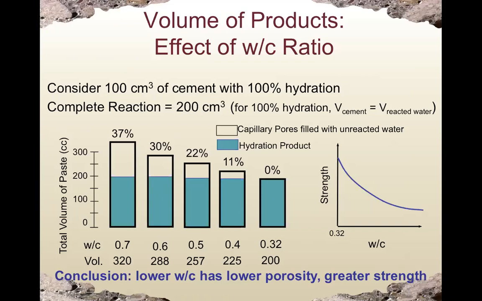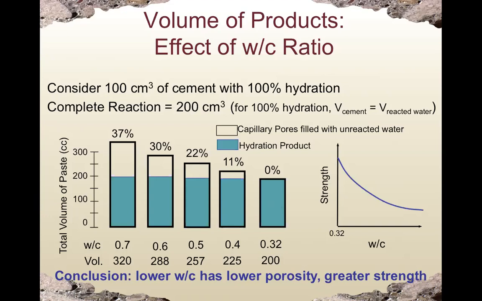Remember, for 100% hydration, the volume of cement will be equal to the volume of reacted water. Depending on the water to cement ratio, let's say we have 5 different ratios from 0.7 to 0.32. For 0.32, all the cement grain will just consume all the water.